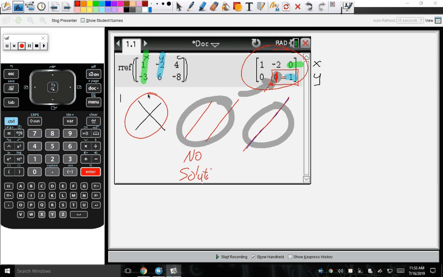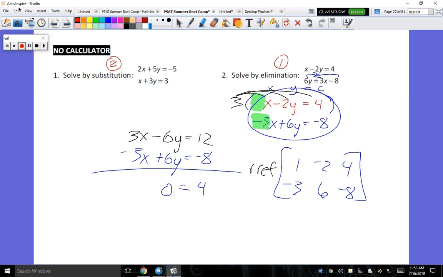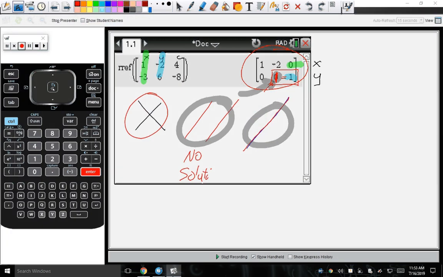Alright, so let's go back to our question. And obviously, what's the answer on this? No solutions. Okay, so no solutions. Graphically, we can see it, but tell me attributes of no solutions. What's so special about no solutions? Parallel lines, right?